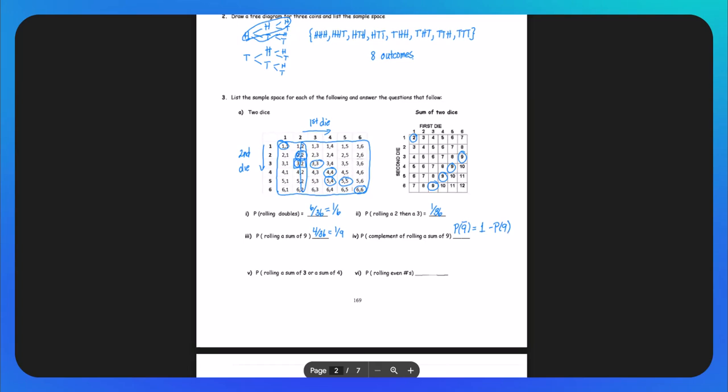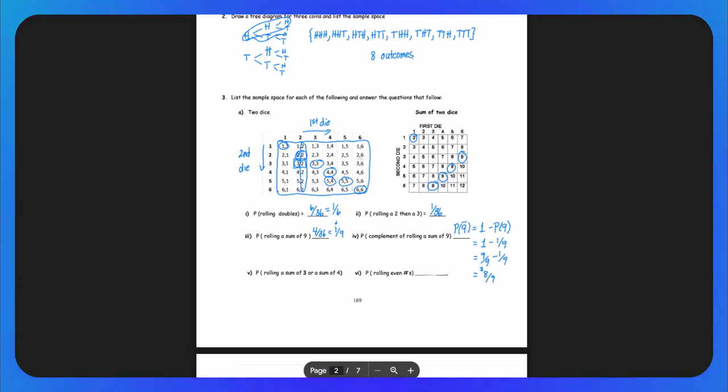Now that we've figured this out from part 3, we can just say 1 minus 1 over 9. I'm working in fractions just to get us used to working in fractions. I'm converting my 1 to 9 over 9. So we have that common denominator, and that gives us 8 over 9, which makes sense because we have 1 over here, 8 over here, and they have to add together to be the total of 9.